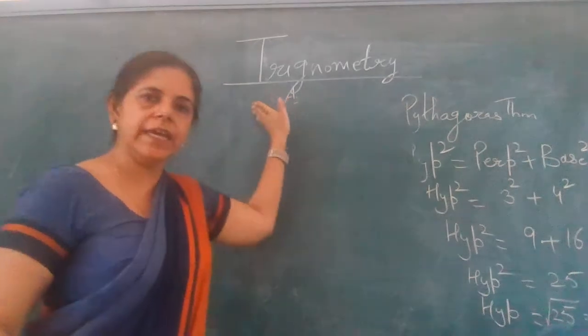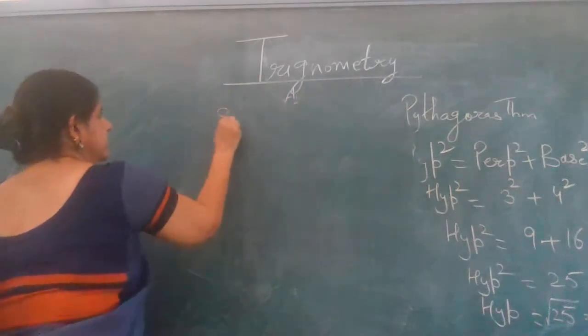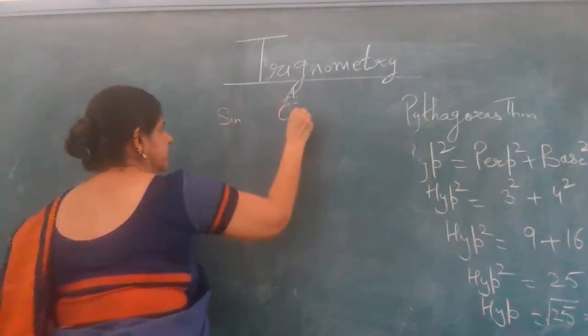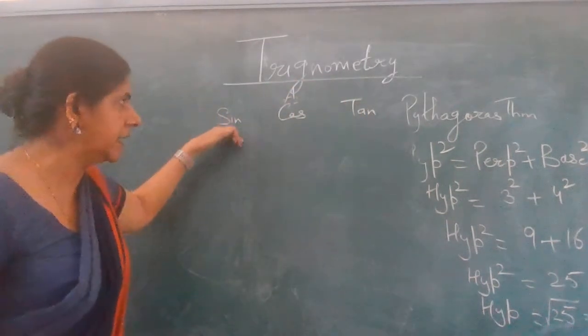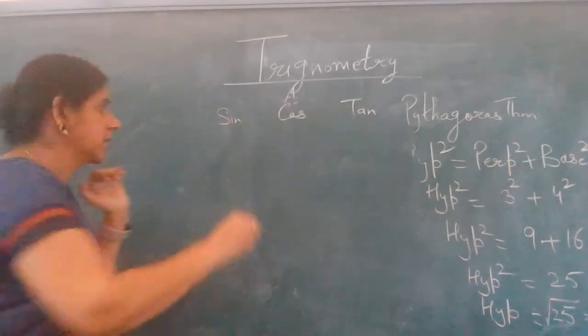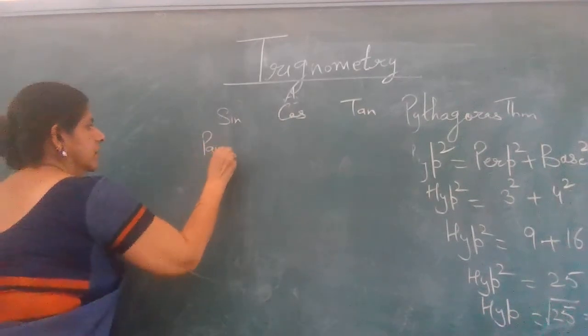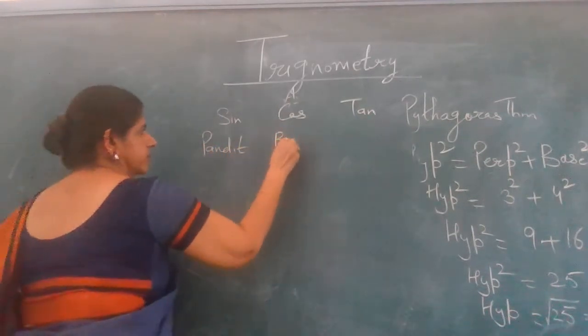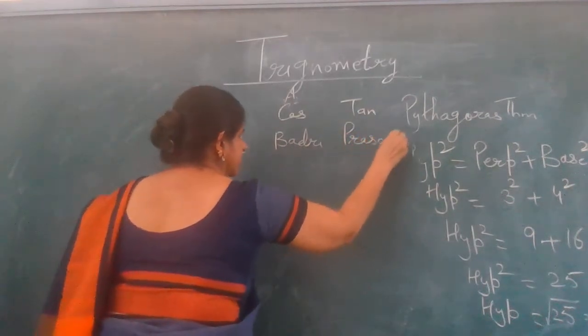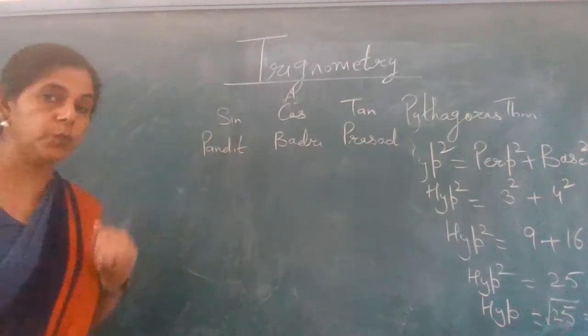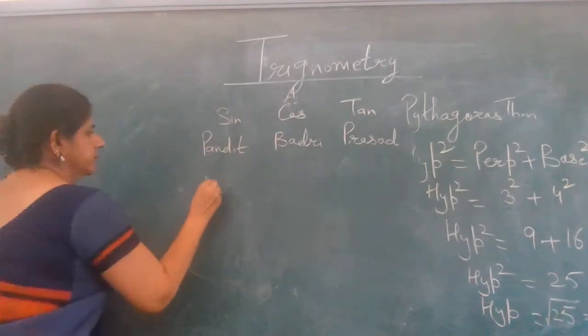I am writing sine, cos and tan. Now for sine, Pandit Badri Prasad means... Har Bole, we are writing below it.